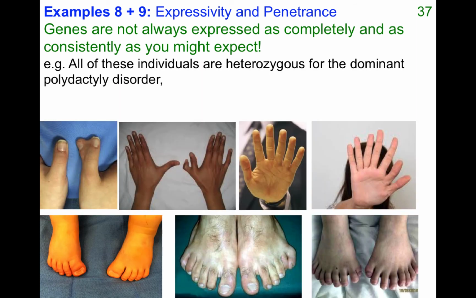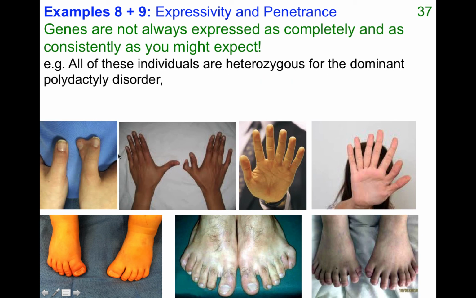For example, all of these individuals have the same genotype when it comes to polydactyly. They each have one normal and one mutated allele, and because this is a dominant disorder, they will express polydactyly. But notice that the degree of polydactyly varies a lot. Polydactyly means you have extra digits.